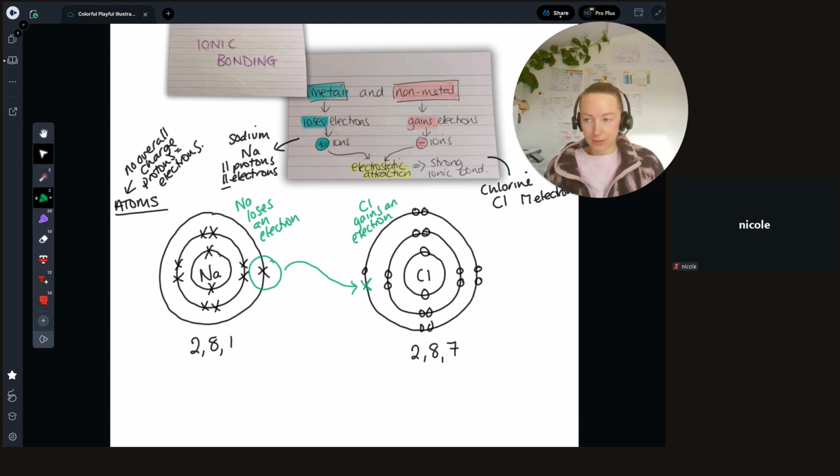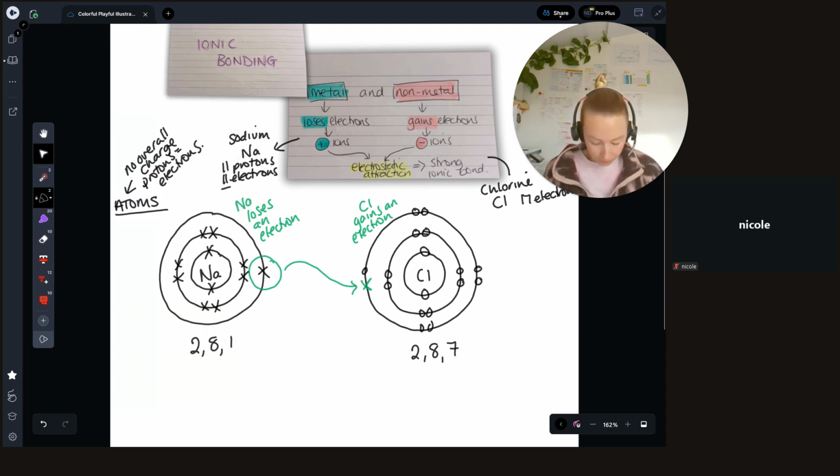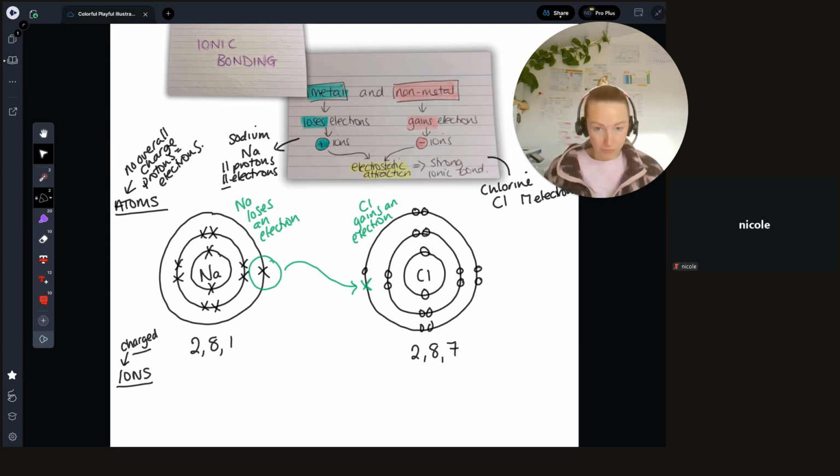When that happens, they become ions. So now we're going to draw the ions instead of the atoms. Ions are charged, so they will have a charge.